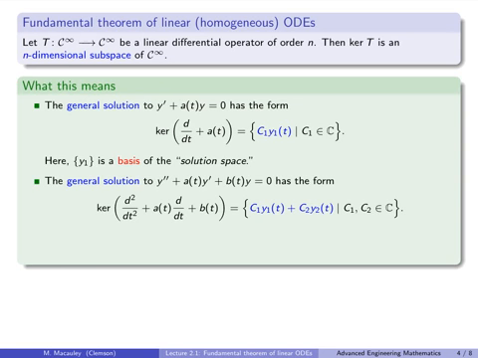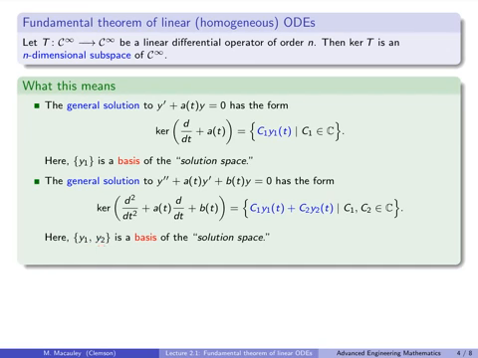This means that there are two functions, y1 and y2, such that every single solution is of the form c1 y1 plus c2 y2. Here we say that y1 and y2 form a basis of the solution space. Once again, the general solution to this homogeneous linear ODE is a vector space, and this is a basis.